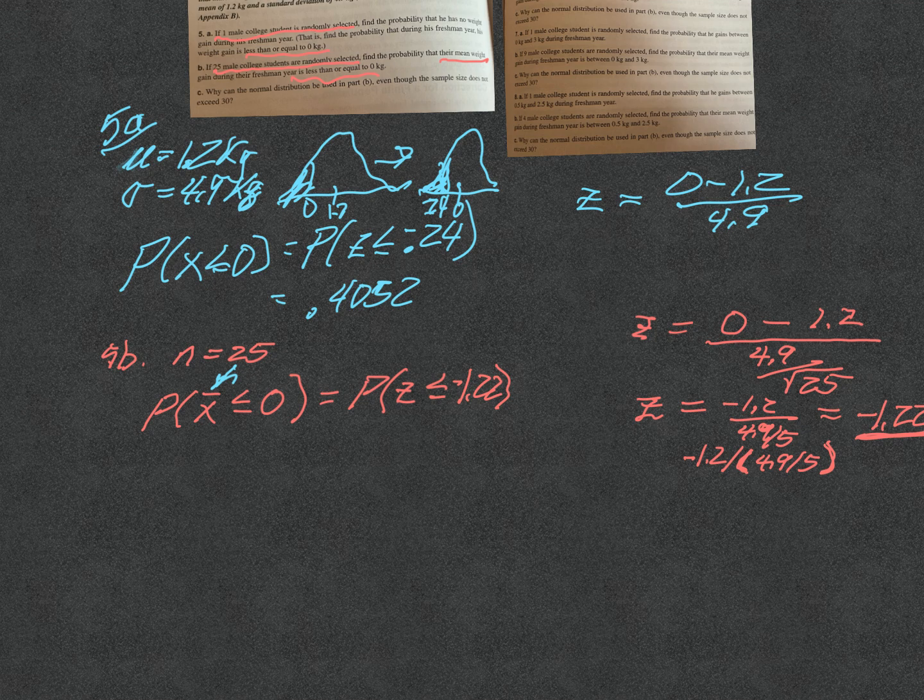That means we're looking at the table for negative 1.22 on the standard normal, and it's just a less-than probability, so I can look this up directly. When I look that up in the table, negative 1.22, I get 0.1112.